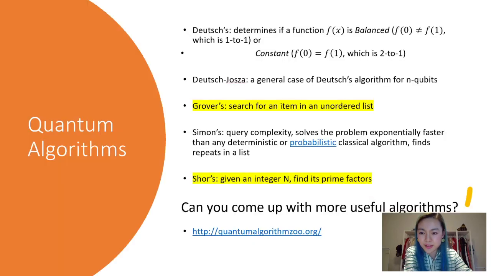So today's topic is on algorithms. We start with the simplest, one of the earliest algorithms, which is Deutsch's algorithm. These are a set of algorithms that are classically taught in academia.